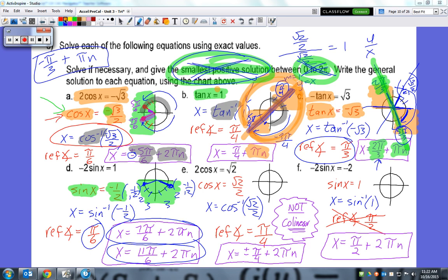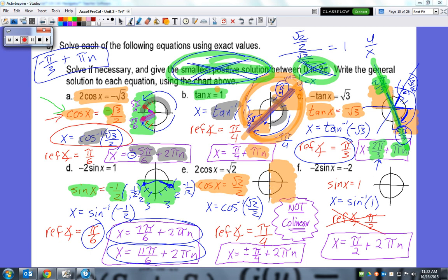Alright, so now we're getting a little bit in a groove here. Cosine of x is equal to root 2 over 2. And here's where I would ask myself, because it's cosine, what x value of root 2 over 2, what angle yields that x value? So it is a positive, so x values that are positive will be in quadrants 1 and 4.